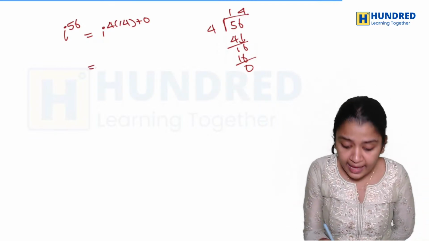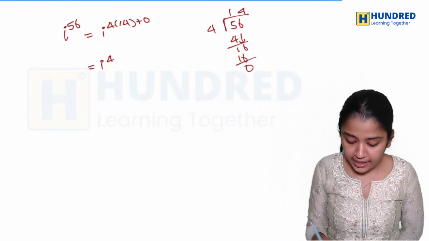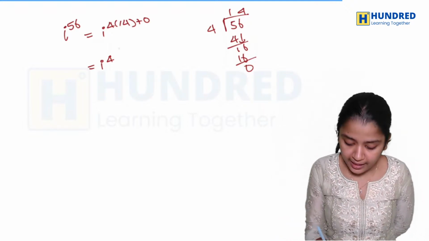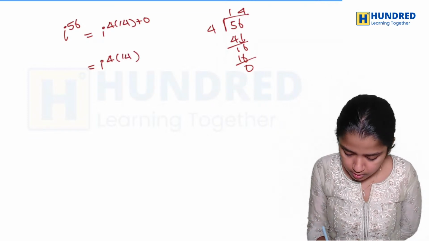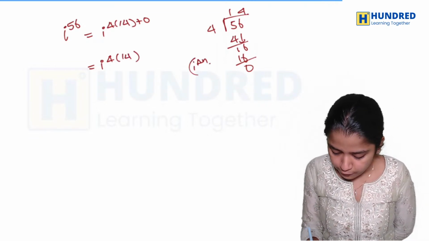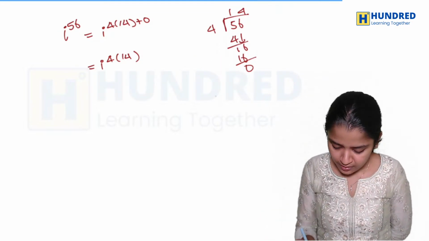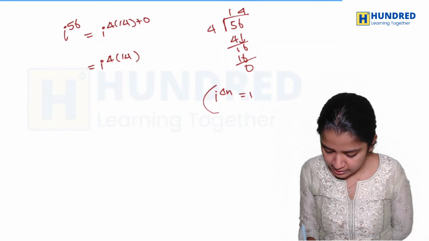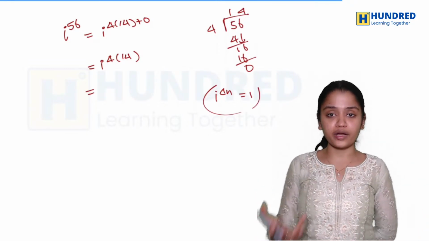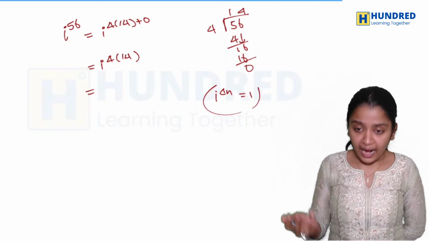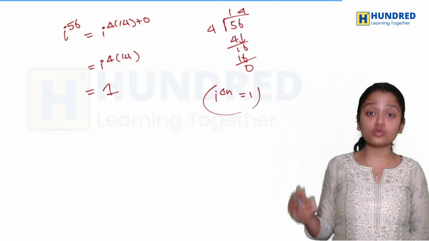So again it is of the form i power 4n, and i power 4n is equal to 1. You know it, right? So I can conclude that this is equal to 1.